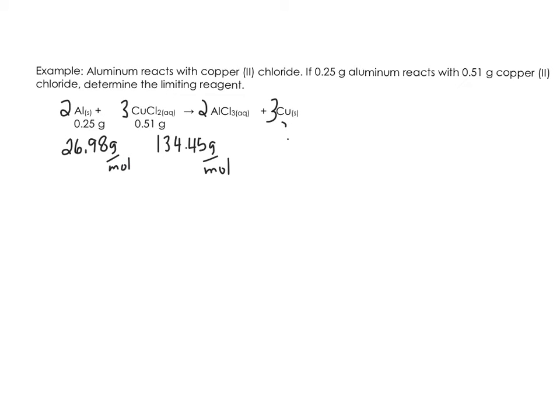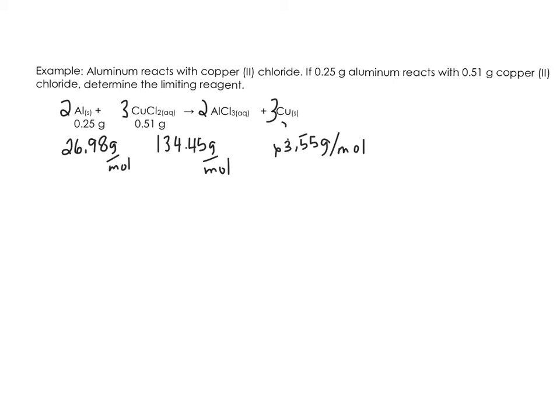Just the elements and how many elements are in the compound, not including the coefficient out front. And then copper is 63.55 grams per mole.